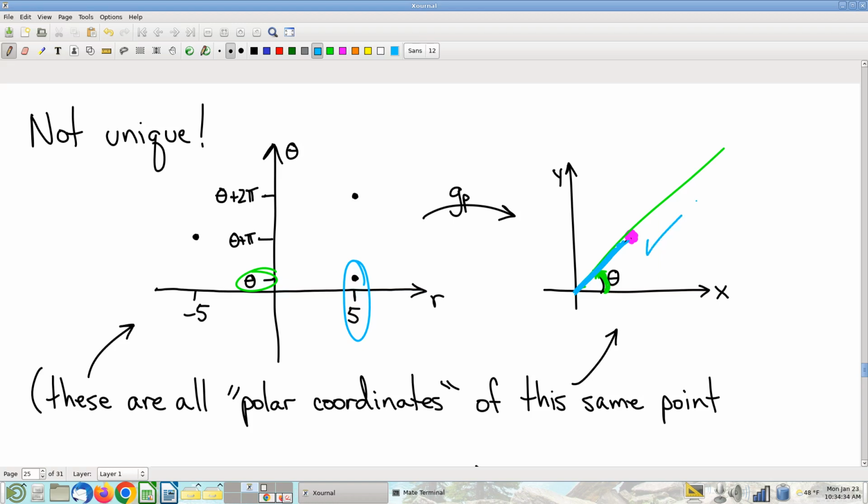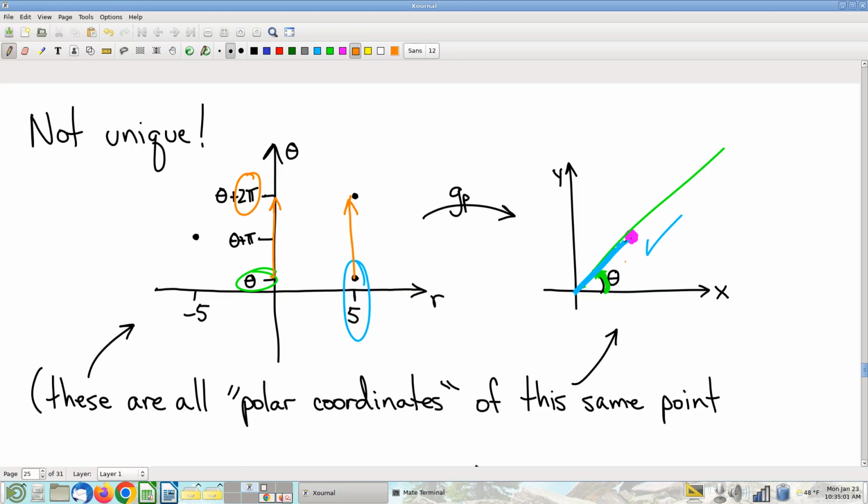So you could say that these are polar coordinates for that point, but they are not the only polar coordinates for that point. Now this is going to seem a little goofy, but notice I could, I suppose, add 2 pi to the angle. Think about what would happen if I added 2 pi to this angle.